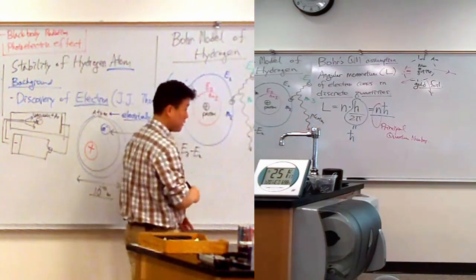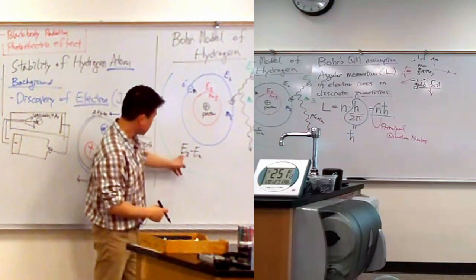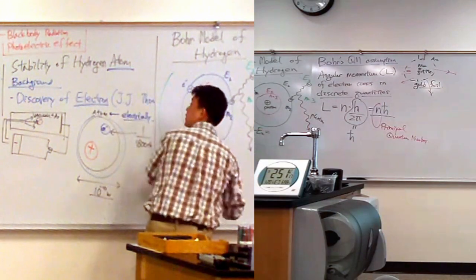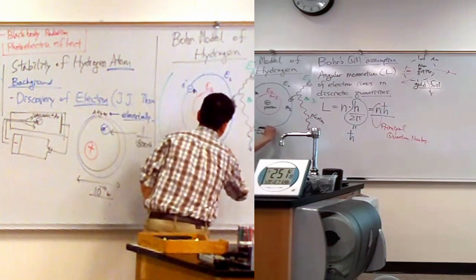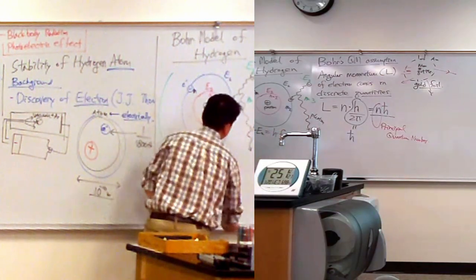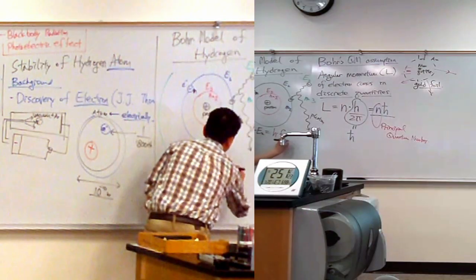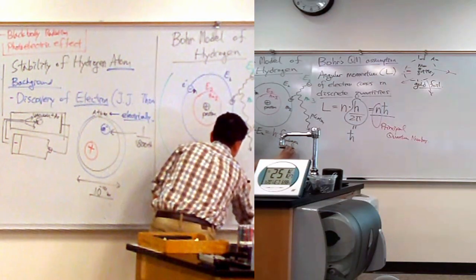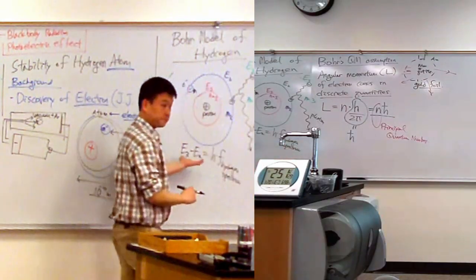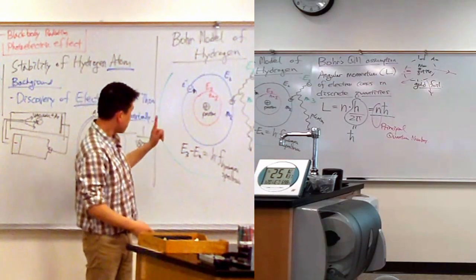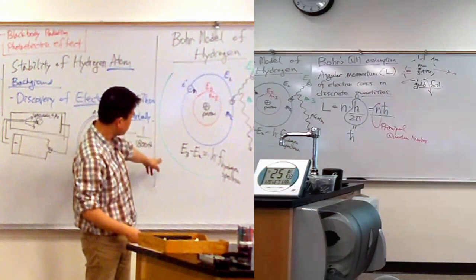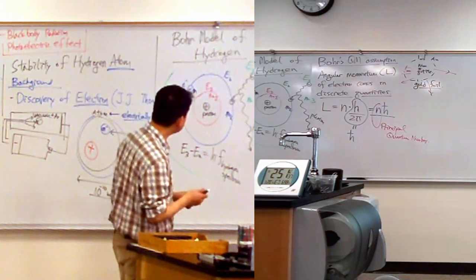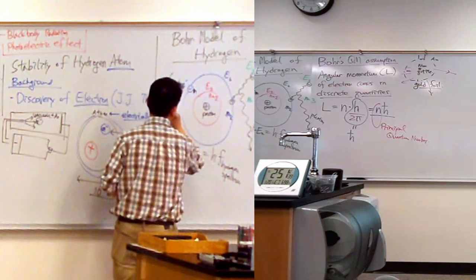And this difference in the energy levels of the electron is where the energy of the photon, h times the frequency of, say, the hydrogen spectrum, comes from.